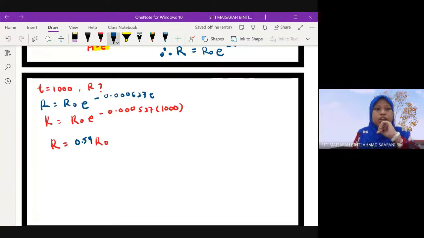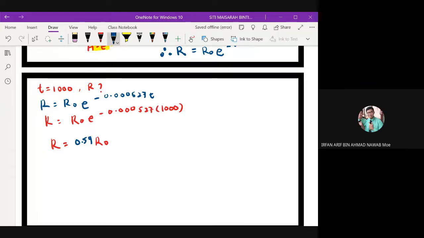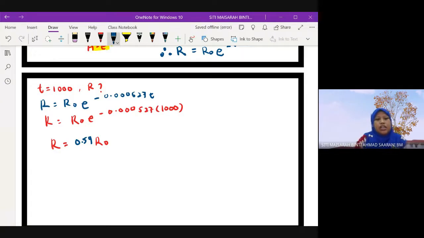So jadi berapa peratus ni daripada original amount? What percentage of the 59%. Okay. So jadi daripada sini kita boleh tahulah 0.59 R naught ni, yang tinggal adalah 59% saja.